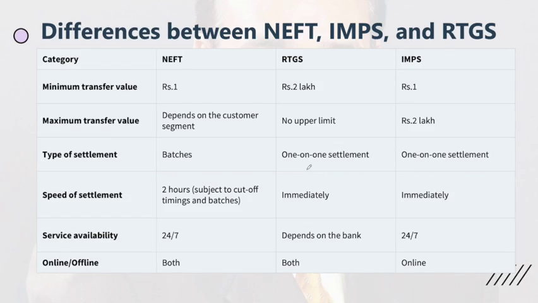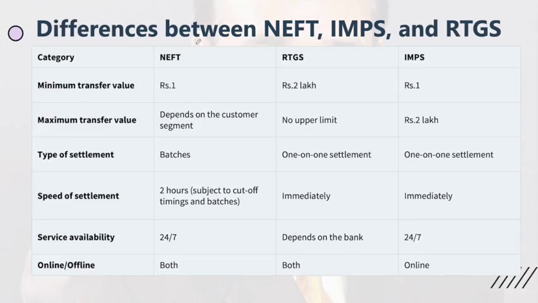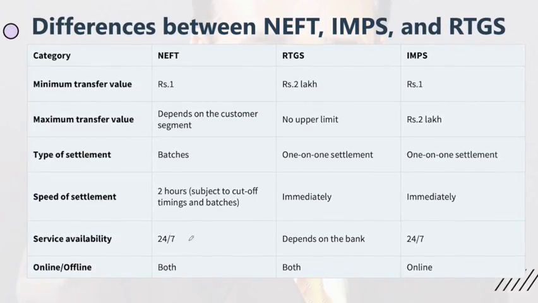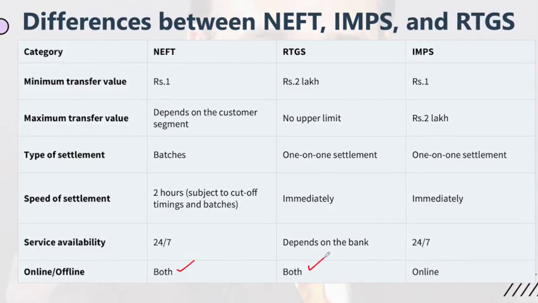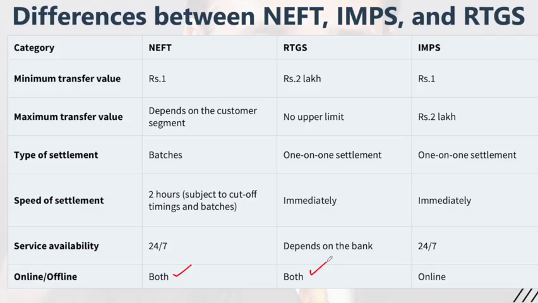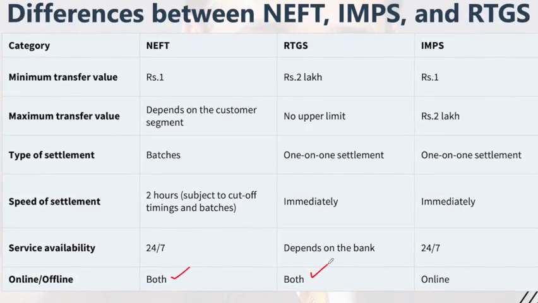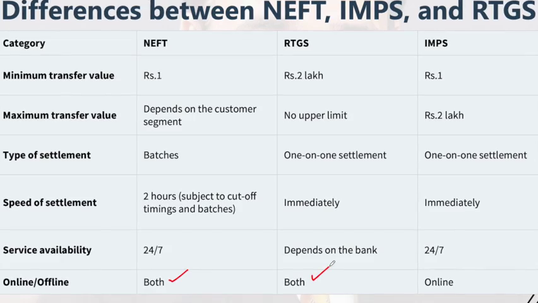But one more difference you can have here is that you can do NEFT and RTGS both online and offline. So you can go to the bank and deposit the money there, and they will RTGS it on your behalf wherever you want to send it. IMPS happens only online.